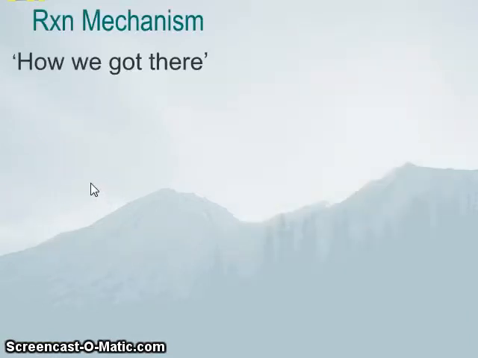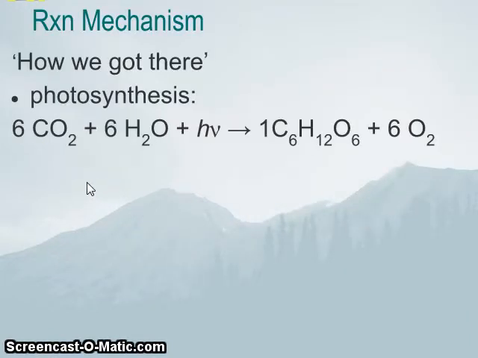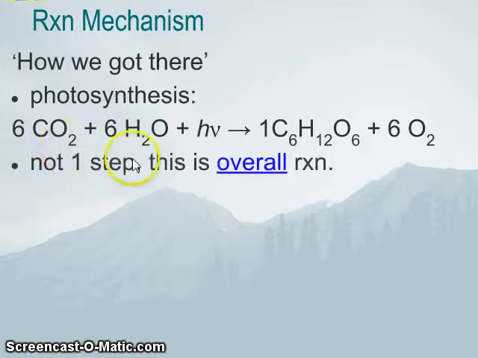So let us consider photosynthesis. We know that we have this reaction: carbon dioxide and water react with a little bit of light to form sugar molecules and oxygen. This is our overall reaction.